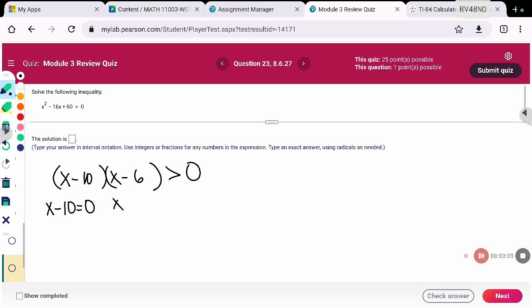Set them equal to 0, solve them for x by adding 10s here. So x equals 10, add 6s here, so x equals 6. So those are going to be my x-intercepts.